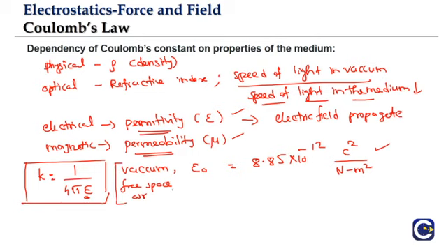All of them will have approximately the permittivity value 8.85 into 10 power minus 12, which we indicate with the symbol epsilon naught. So the corresponding value of K will be nearly 9 into 10 power 9. The value of K for air or vacuum or free space will be 9 into 10 power 9. The unit will be Newton meter square divided by Coulomb square.